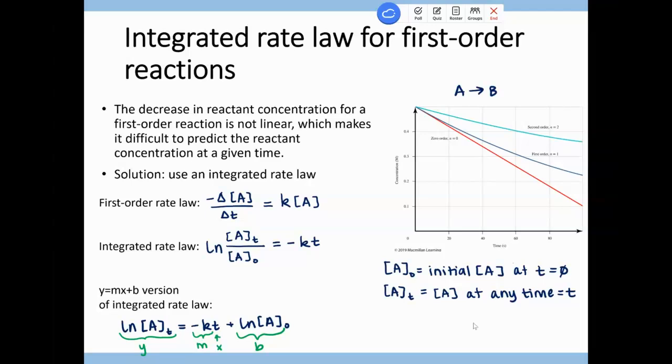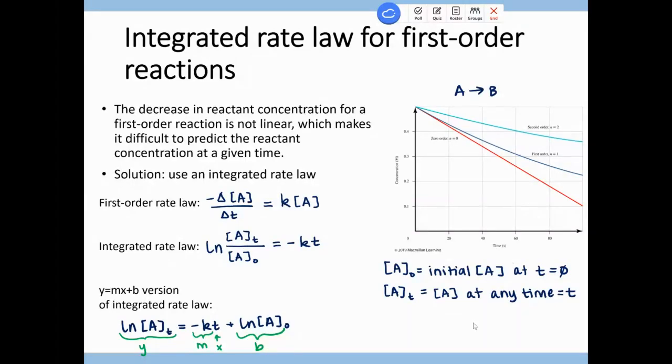With the integrated rate law, this is for a first order reaction. We can calculate, if we know the rate constant, how much time has passed, the initial concentration, that concentration at time t. We also can rearrange it into this y equals mx plus b version.